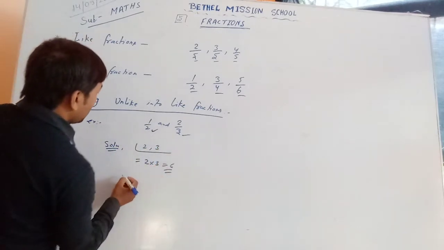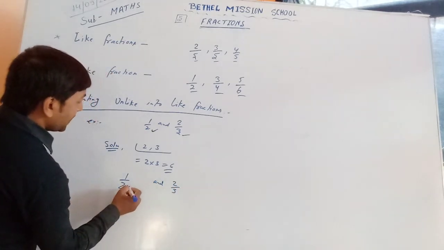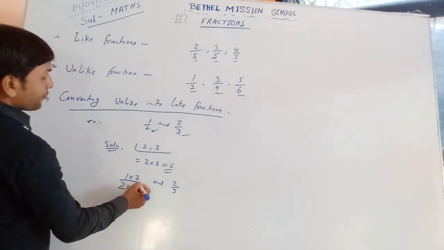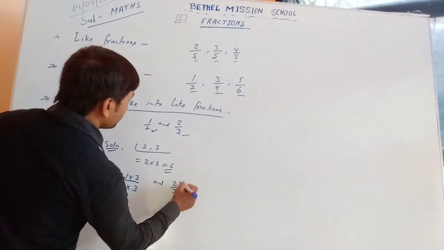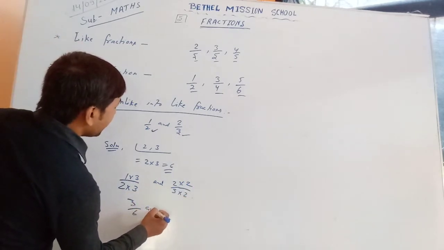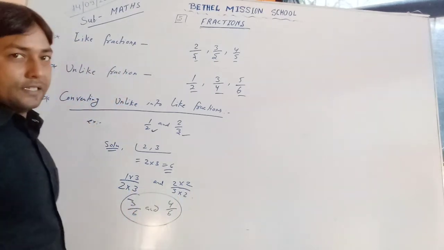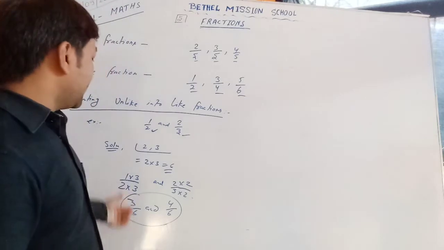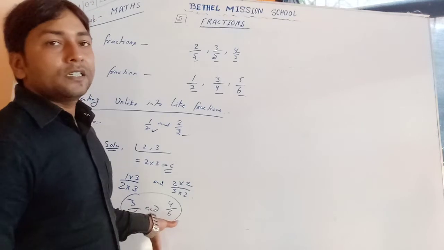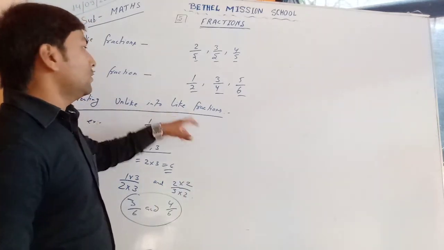So 1 upon 2 and 2 upon 3: multiply 1 upon 2 by 3 and 2 upon 3 by 2, then you will get 3 upon 6 and 4 upon 6. Both are like fractions because their denominators became equal. So this is the method to convert unlike into like fractions.